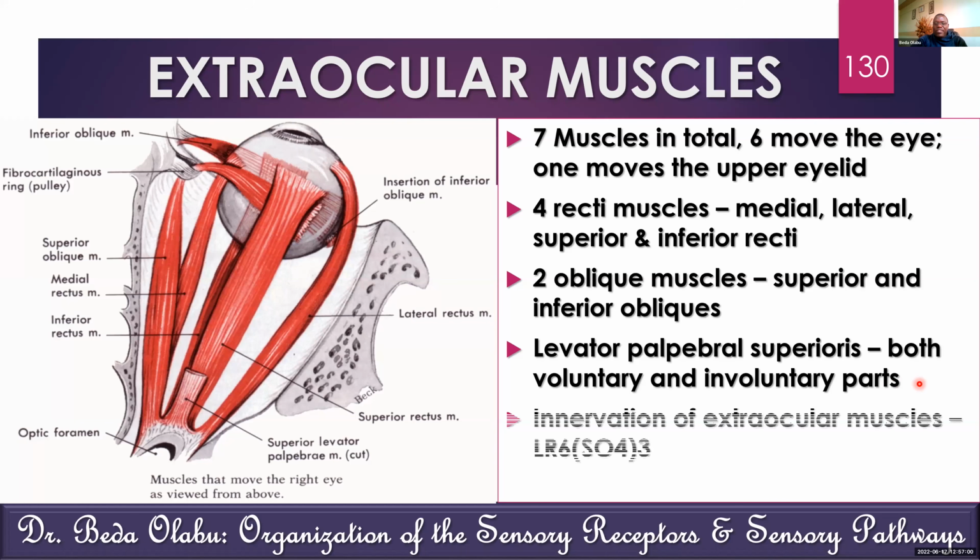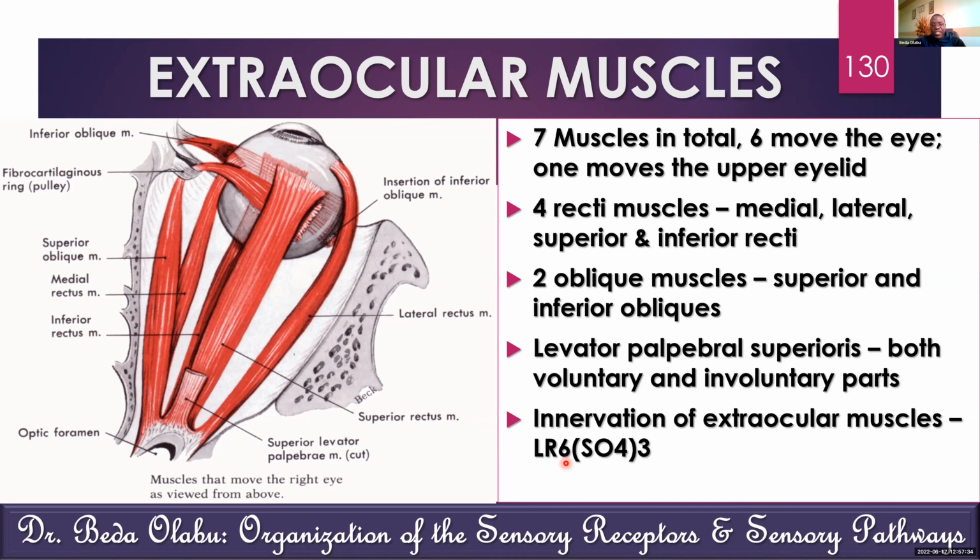In terms of their nerve supply, we use this thing to help us remember how the extraocular muscles are innervated. But of course, you've done this under the neuroanatomy series. So LR here stands for lateral rectus, and 6 stands for the 6th cranial nerve. This means that lateral rectus is innervated by the abducens nerve.